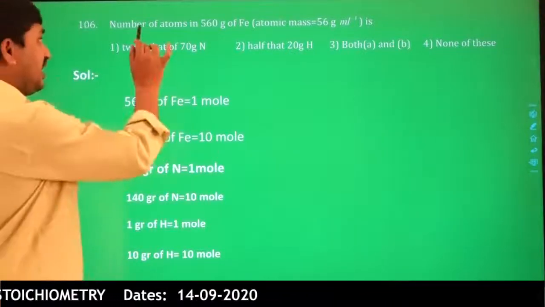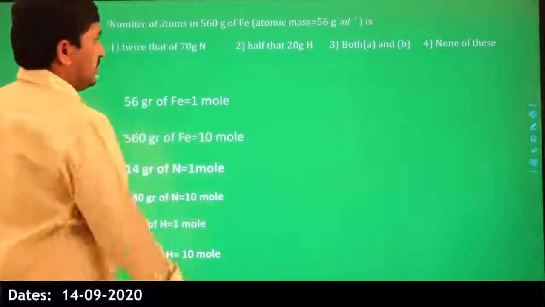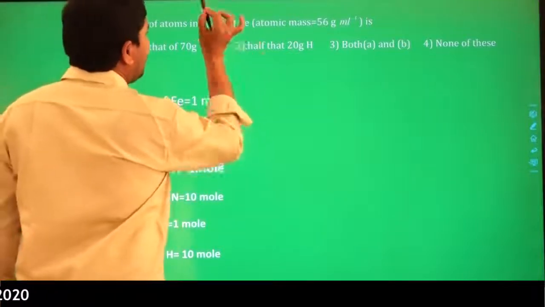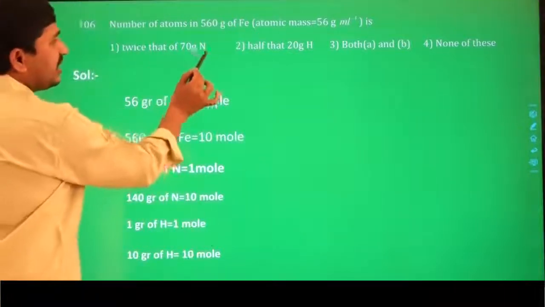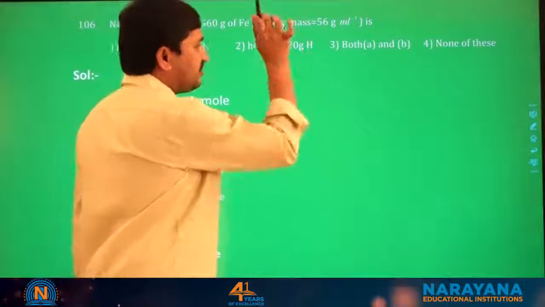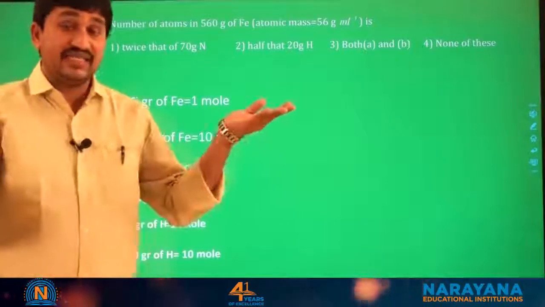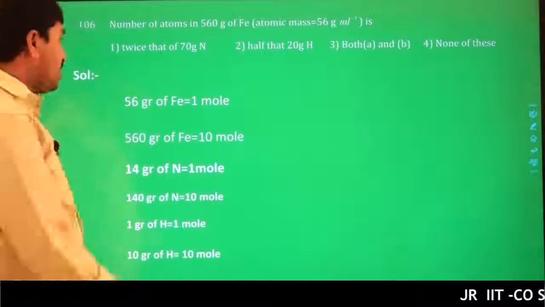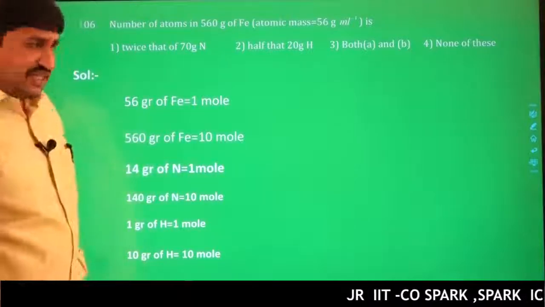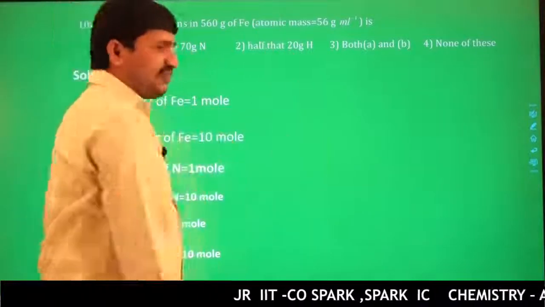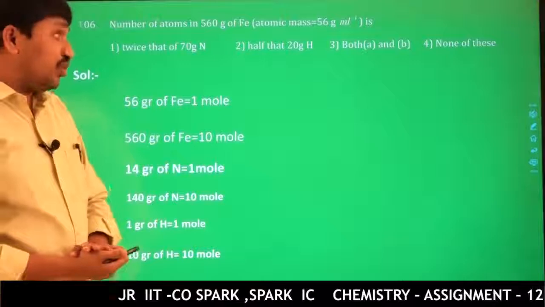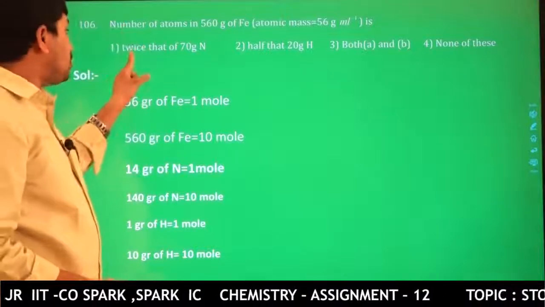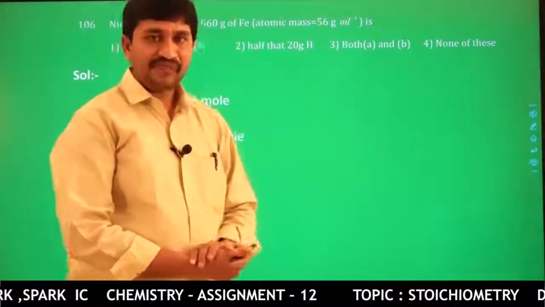That means, according to the given statement, 560 grams of iron, 140 grams of nitrogen and 10 grams of hydrogen are all 10 moles. That means both 1 and 2 are correct.